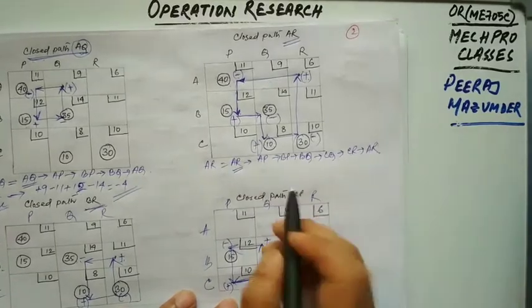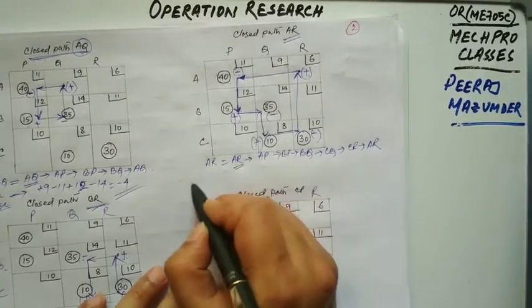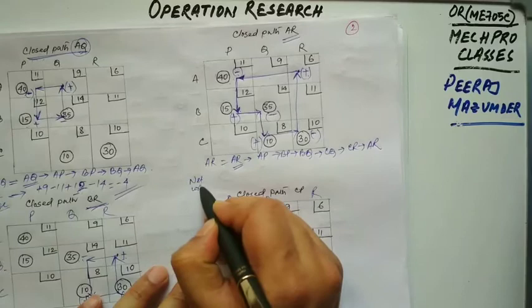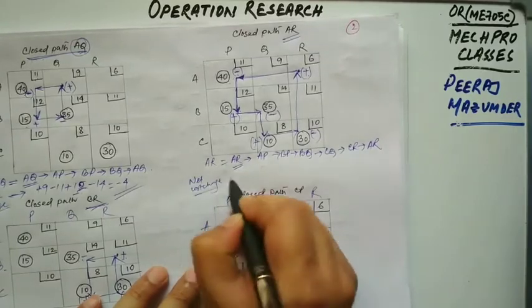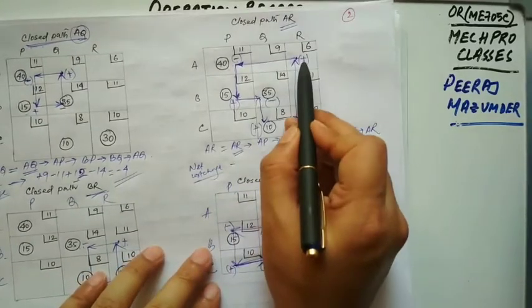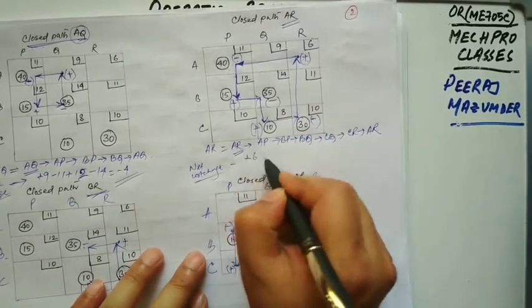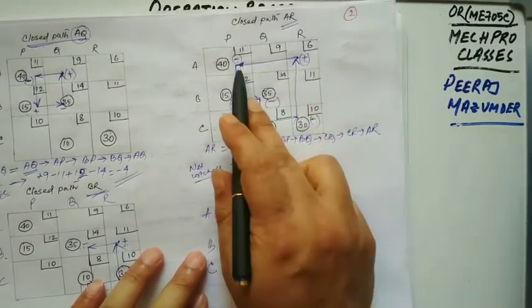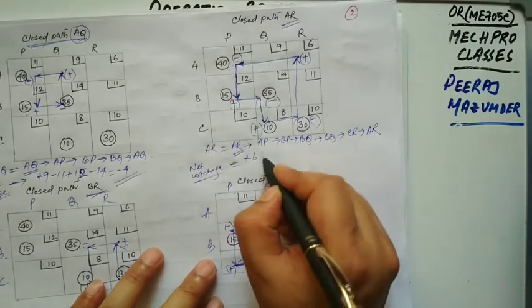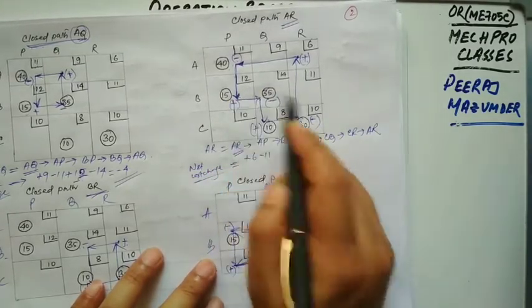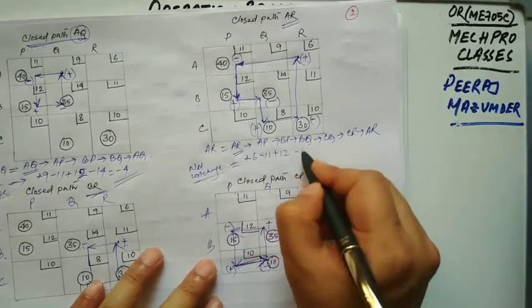Now let us write the net cost change. That gives you, let us start from here, plus 6, minus 11. Then plus 12, minus 14.